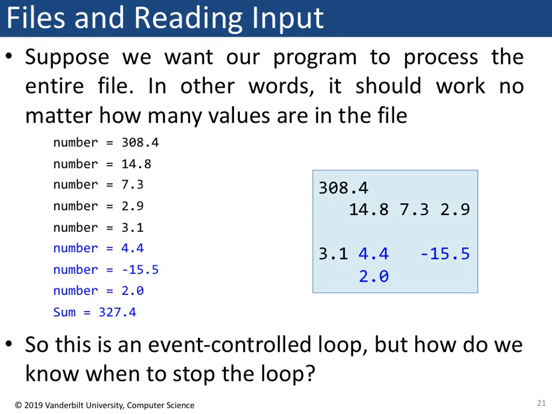Here we don't want to read lines of the file necessarily, we want to read each token until we have read the entire file. So this seems like an event-controlled loop situation, read until some event occurs, but what event do we need to look for? What method do we need to use to look for the end of the file and know to stop reading in so that we don't cause a runtime error?